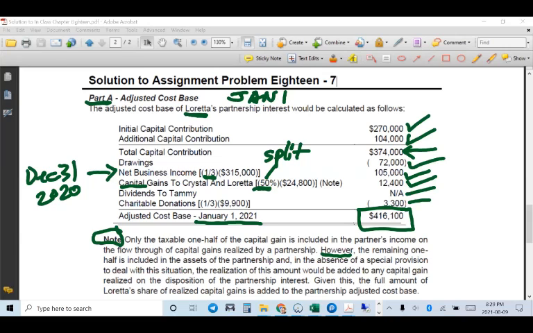I think I got that right. Yeah, so she's out January 1, 2021. That's the date that she is out. So the income that's involved only goes up to December 31st, 2020, because she's going out on that date. So that's important to note as well.